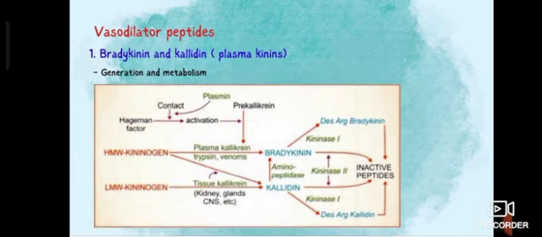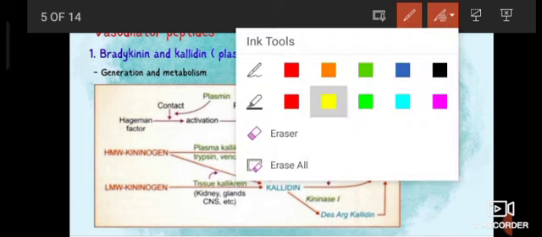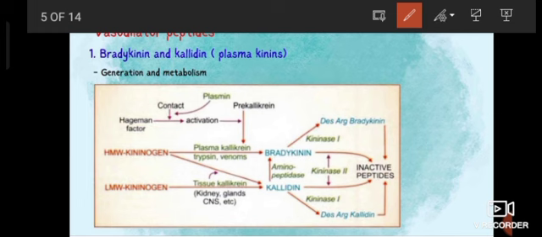Now, vasodilator peptides. First, bradykinin and kallidin, which are collectively called plasma kinins. Generation and metabolism. Here, Hageman factor is activated when any tissue injury occurs.